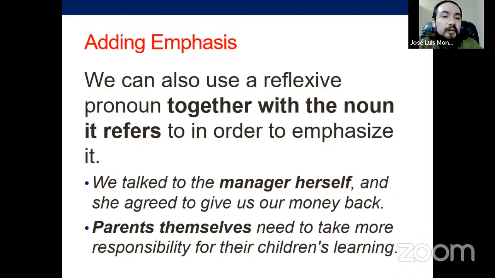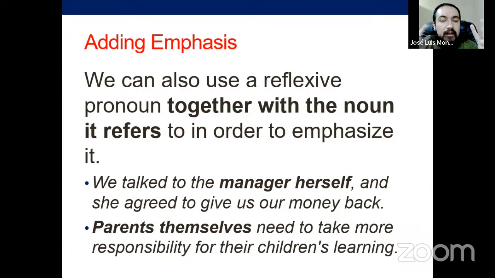So for example, we talked to the manager herself. Herself is giving emphasis to manager because we is not herself, right? It's not we talk to the manager ourselves would be, but that's something different. With that, we talk to the manager ourselves. You're putting emphasis to the whole idea, okay? That we did that action, and it's like, wow, it's different, right?